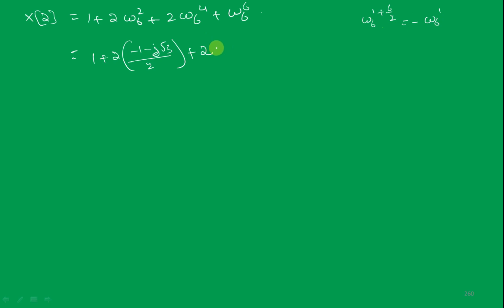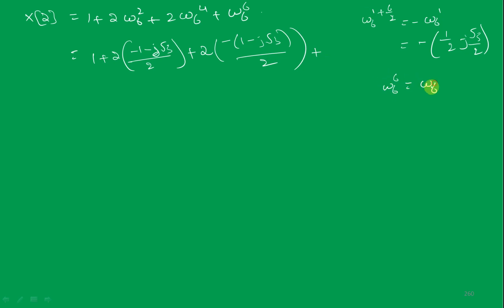What is W6 power 1 here? Minus of W6 power 1 is minus (1 by 2 minus j root 3 by 2). So that is minus 1 plus j root 3. Am I correct? Now plus W6 power 6.